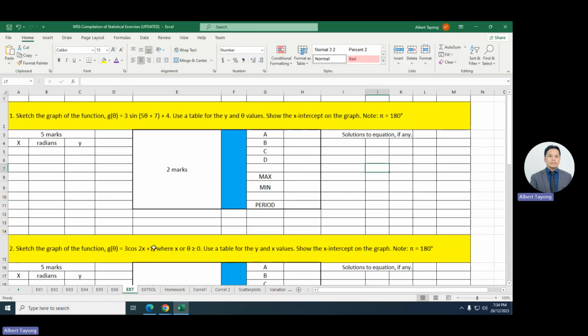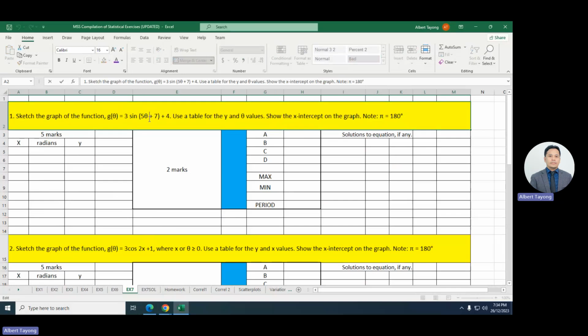Okay, so guys, x7, first is to find A, B, C, D. So please remember that theta is equal to x, and g theta is equal to y.